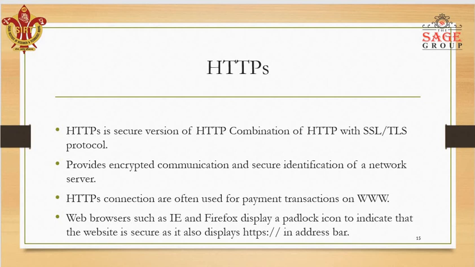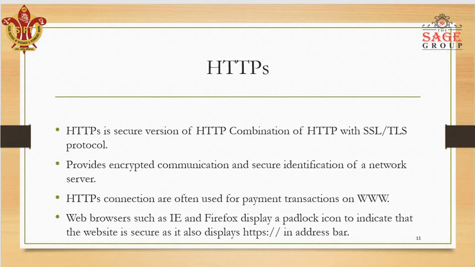It encrypts all user data, including financial information and browsing history, and protects all of it against breaches from third parties. So HTTPS connections are often used for payment transactions, as this is considered very secure.